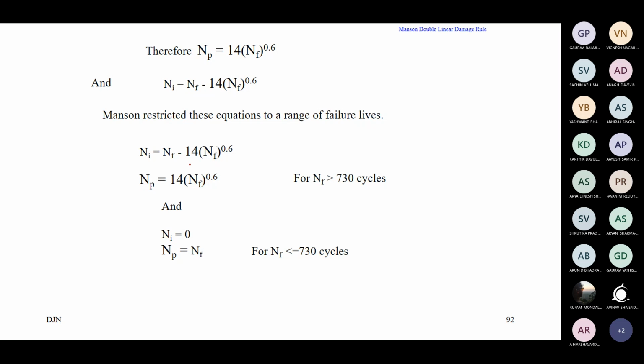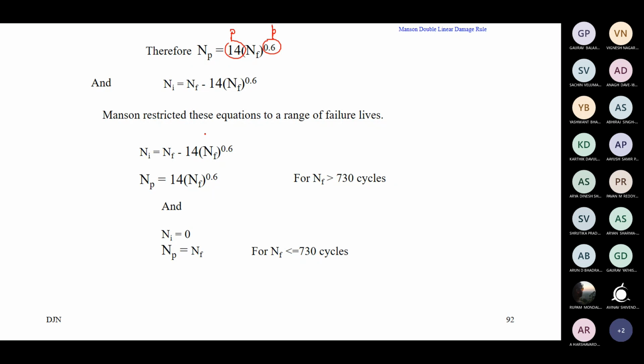So by using those constants, if you replace them in the theory equation, where this was capital P and 0.6 is the small letter p, the equation would be 14 N_F^0.6.